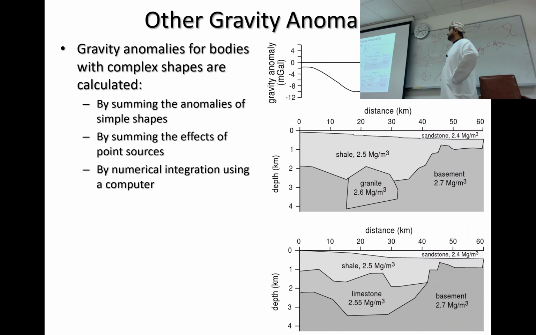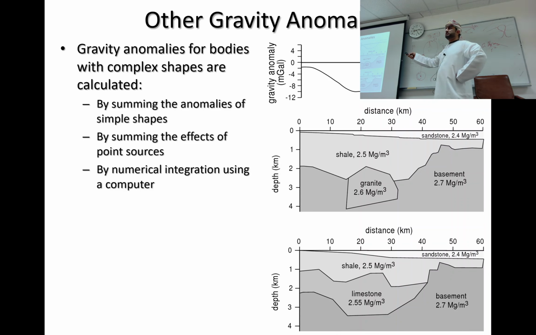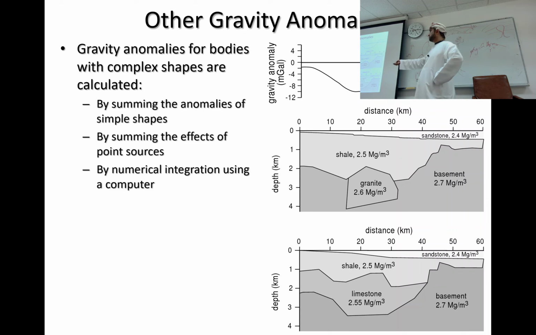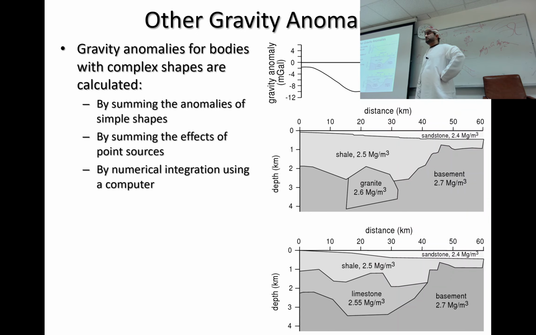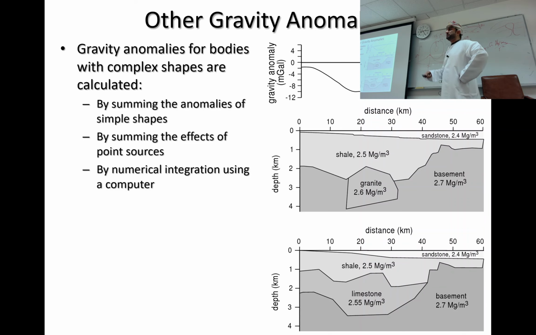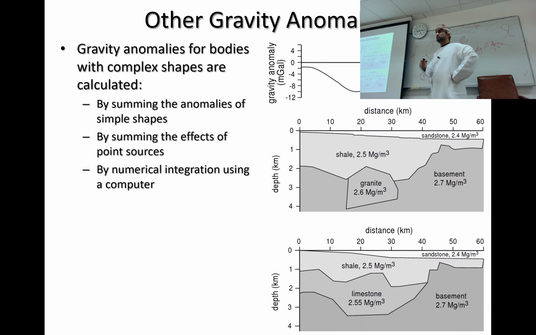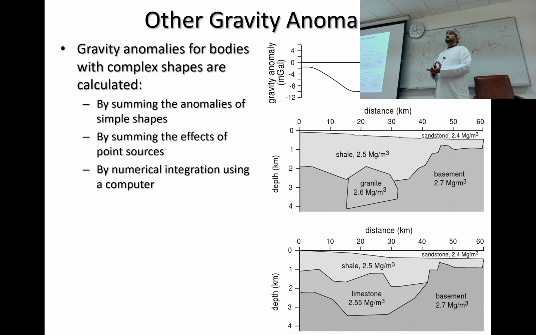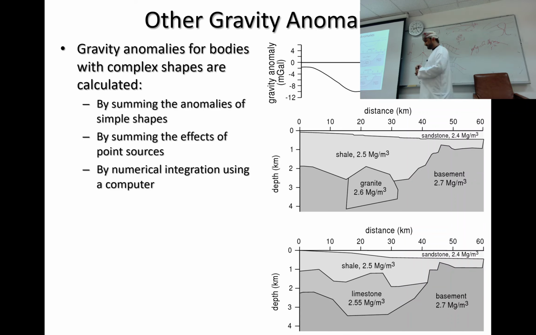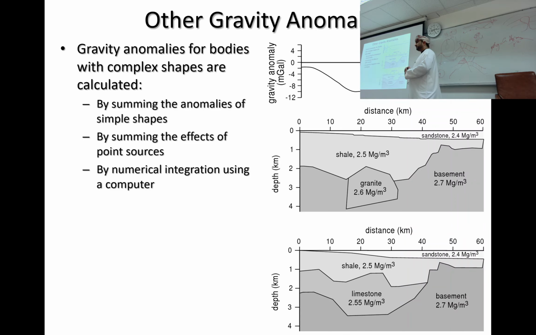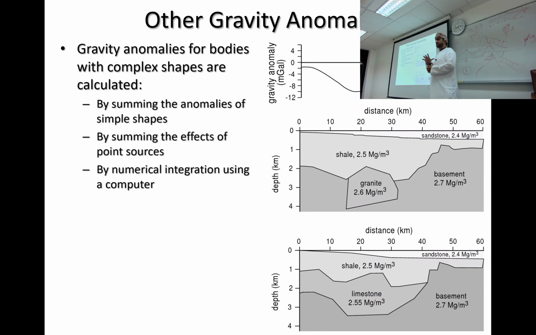So there are many different techniques for doing inversions, but the simplest right now is doing computer integration, advanced numerical analysis in computers. I don't want to go to that point, but basically in one of the labs, not the next lab, the other lab, the thing you will do in gravity, because the modeling in gravity and magnetic techniques is almost the same. I will give you a software.